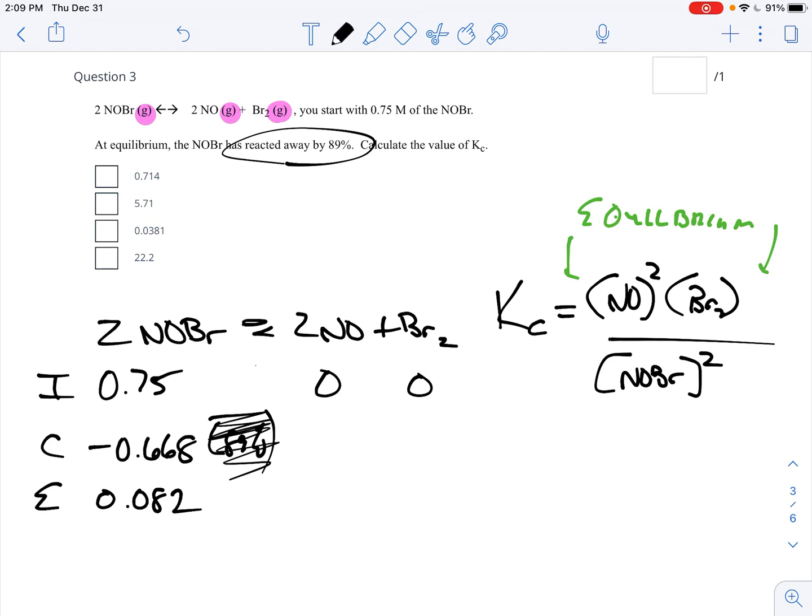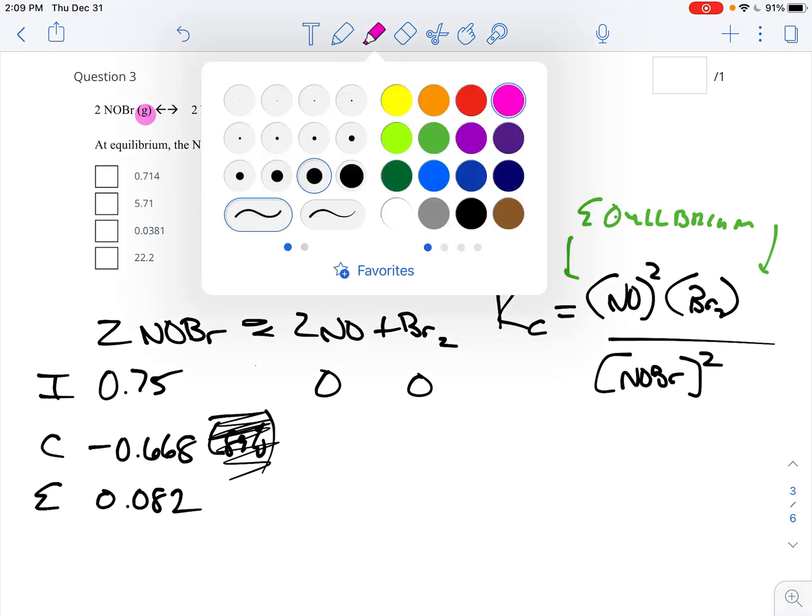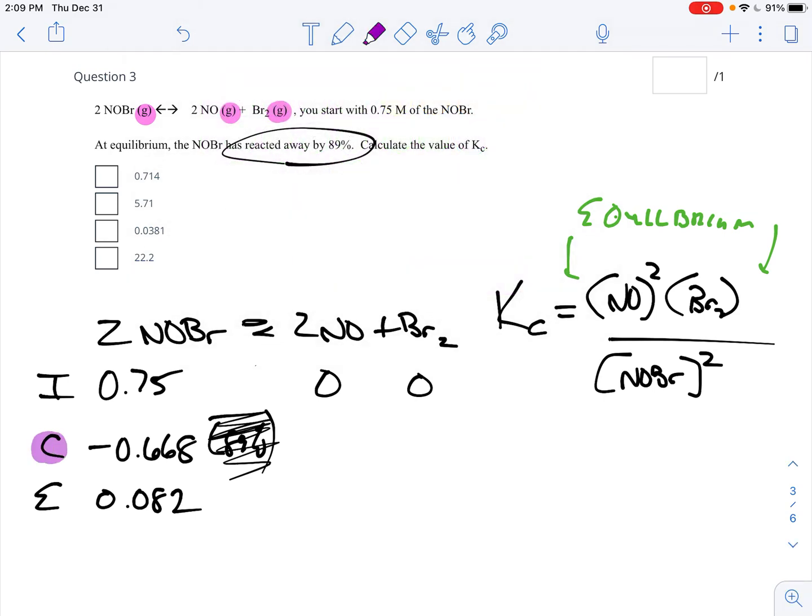Okay, now we got to keep in mind that the change line is what actually occurs in the reaction. So the change line stoichiometry must be maintained. So if there is a 2 here and a 2 here, that means I must have actually gained 0.668 here.